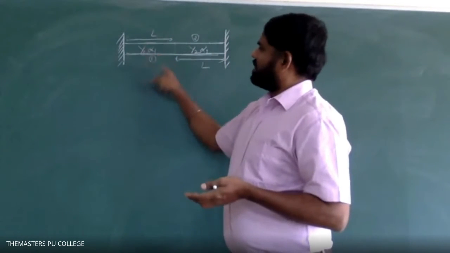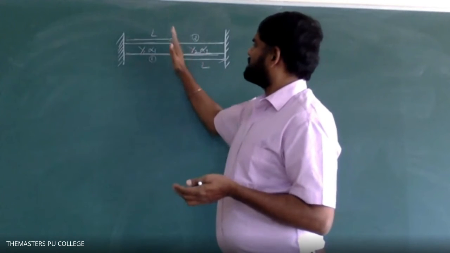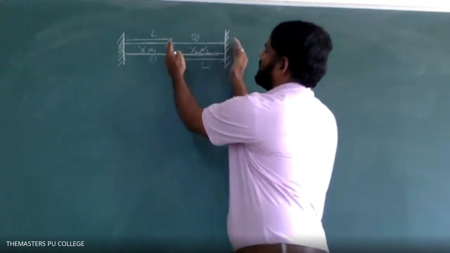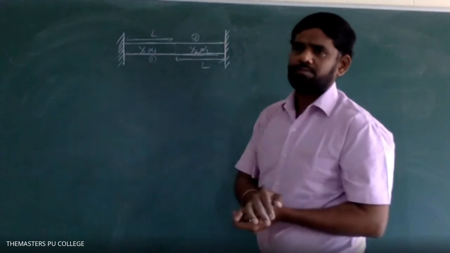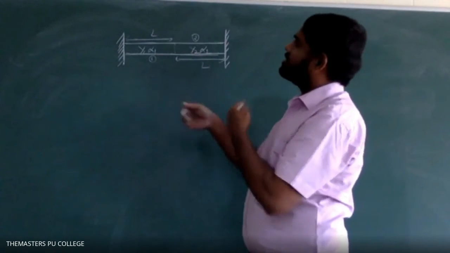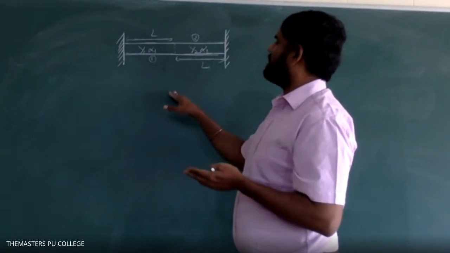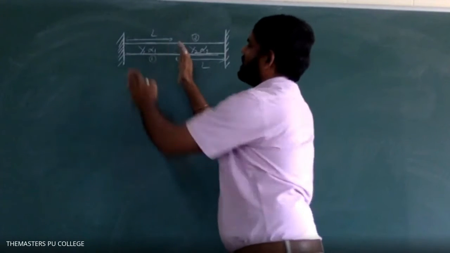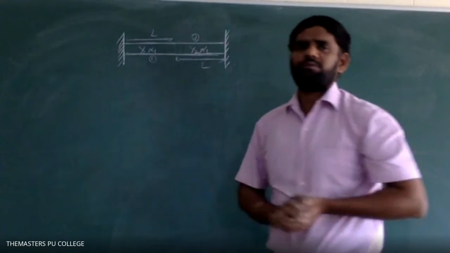If the first rod exerts more force, then the length of the first rod will increase and the length of the second rod will decrease. The junction will be displaced towards the right. If the second rod exerts more force compared to the first rod, then the second rod will be elongated, the first rod will be compressed, and the junction will be displaced towards the left.